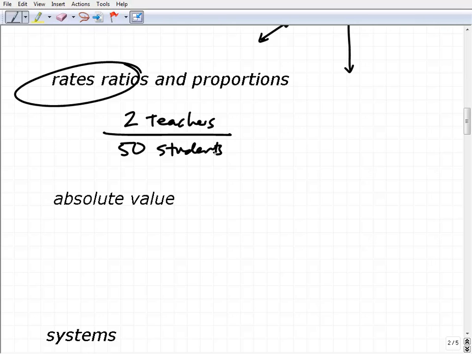Here's a fraction. It's comparing two numbers, teachers to students. So you'd say, what's the ratio of teachers to students? If you reduce this fraction, it would be 1/25. There's one teacher for every 25 students.